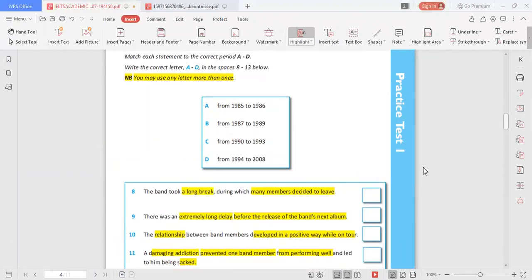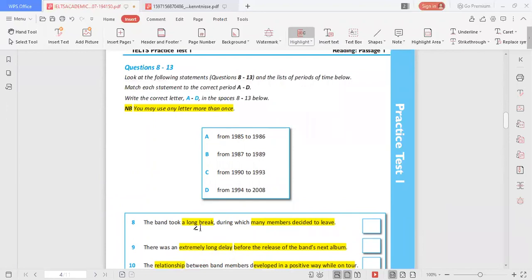Again, it's all about keywords. So question 8, go ahead and highlight as many keywords as possible. The band is not a keyword because we see it many times in the text. The band took a long break during which many members decided to leave.